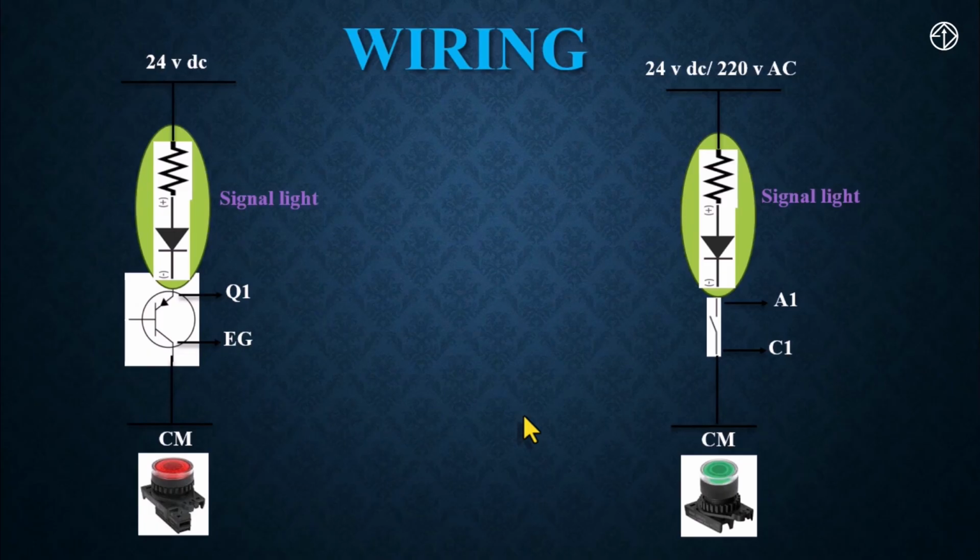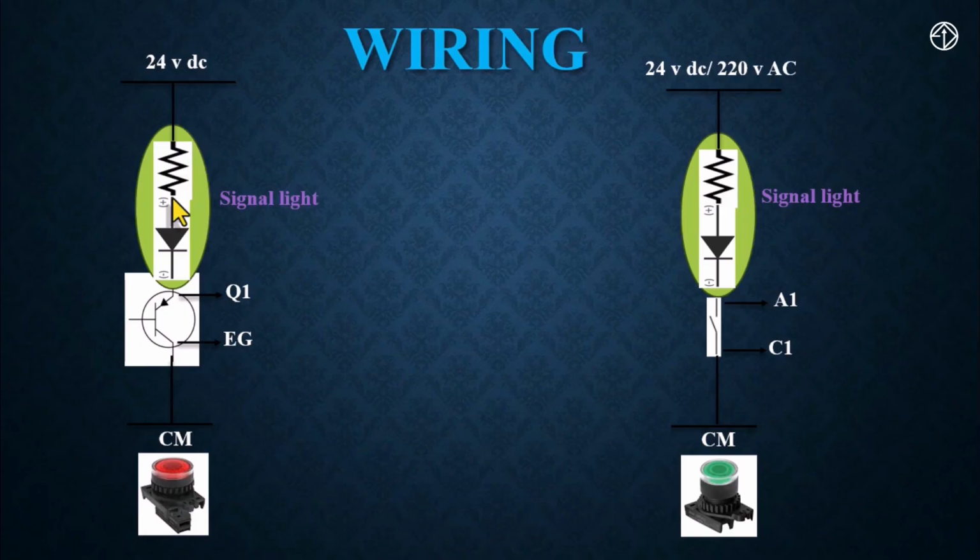If we want to use the transistor outputs of this inverter, for example, if you have a signal lamp and you want to connect it to the transistor output, and you want this signal lamp to be activated as soon as the inverter runs, you need to supply 24 volts to one side of the signal lamp. Our transistor output is 24 volts, and our relay output can be either 24 volts or 220 volts AC.